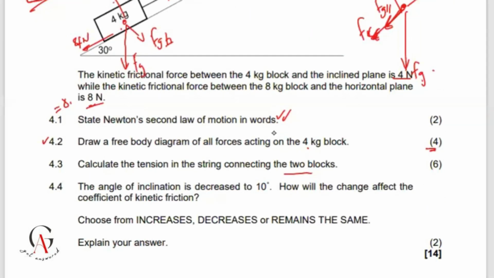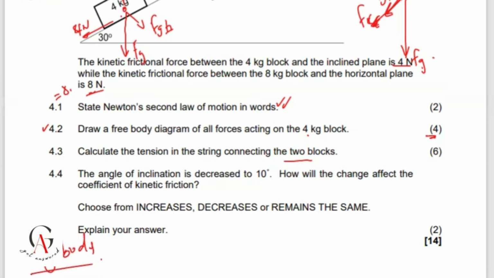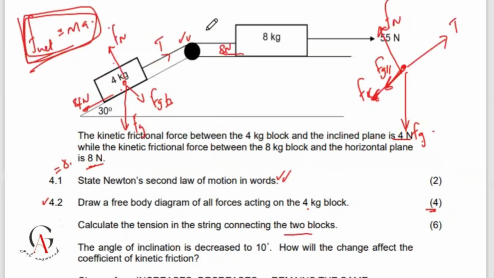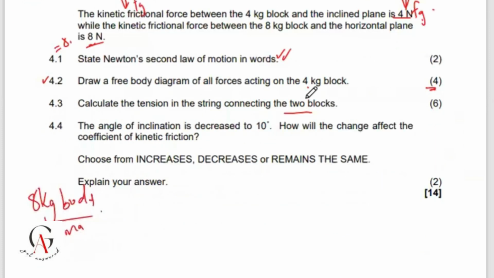If I look at the 8 kilogram body, if I use F net is equal to ma, I'm seeing the tension and the friction. This tension here is going to act in the opposite direction, the same direction as the friction. So I'll have the 55, minus the tension, minus the friction force, which is 8.